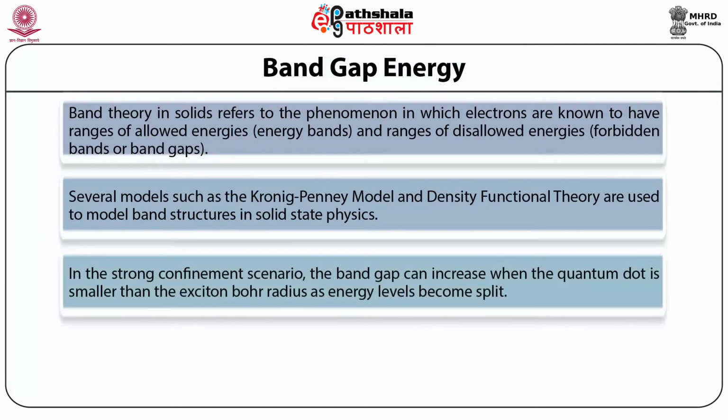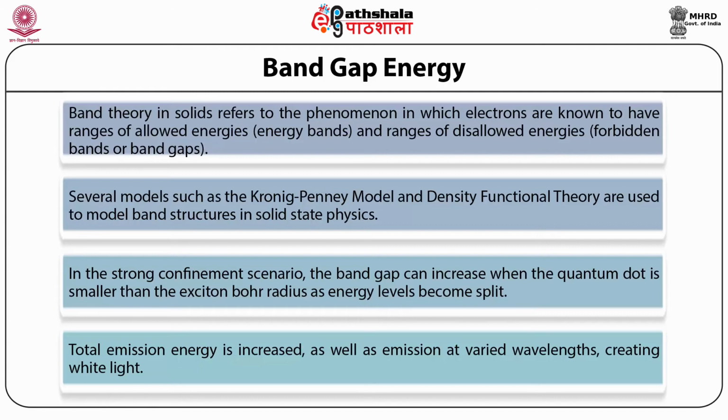In the strong confinement region, the band gap increases when the quantum dot is smaller than the exciton Bohr radius owing to the splitting of energy bands. The total emitted energy increases and the emission occurs at various wavelengths, resulting in white light.